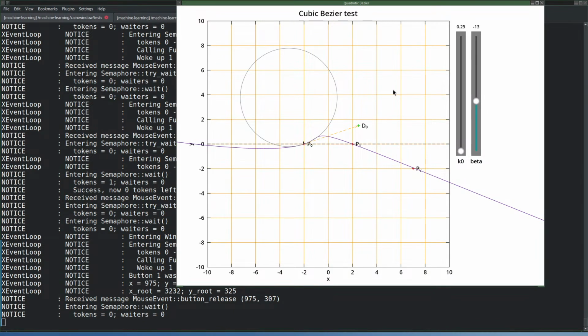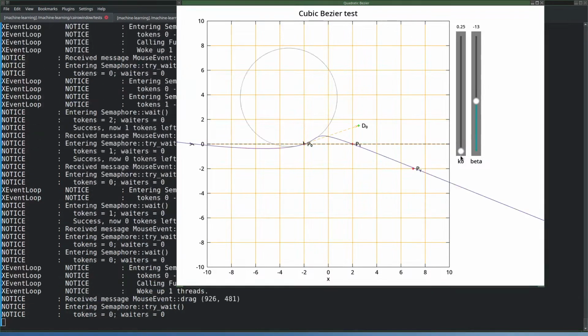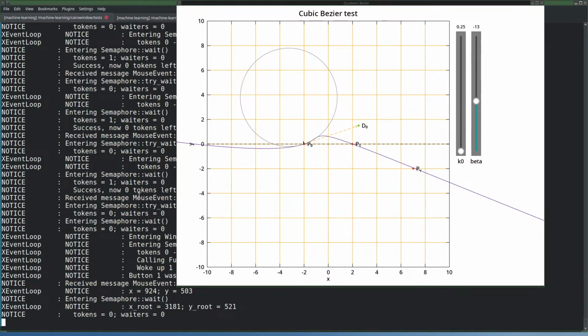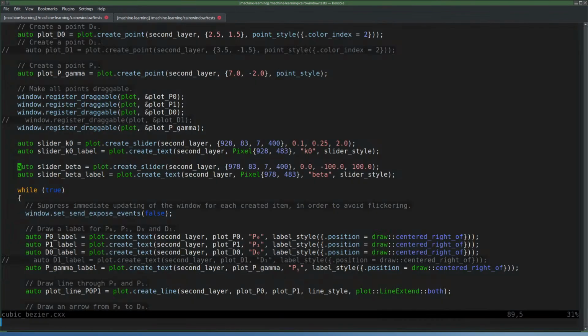I definitely need to be able to make K0 smaller. I did that one the wrong way as well. I wanted it to start at that value and then allow me to go really small.